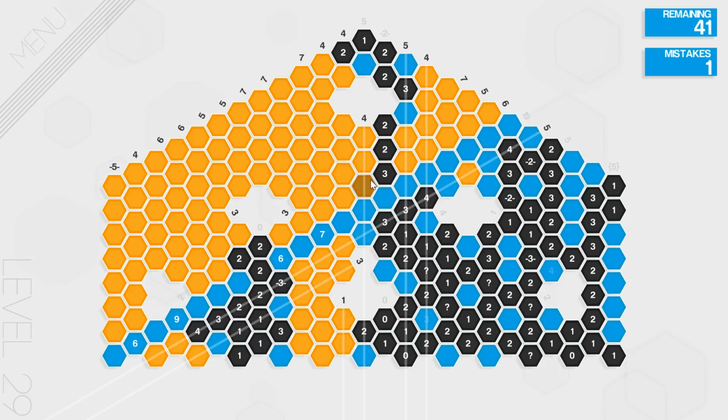That satisfies the 3, and that doesn't satisfy this 2. So this one's out. And then that 2's been satisfied, so I can eliminate everything here. That leaves only this 1 space to be included, which eliminates this, which then includes this, which then eliminates this, and this.